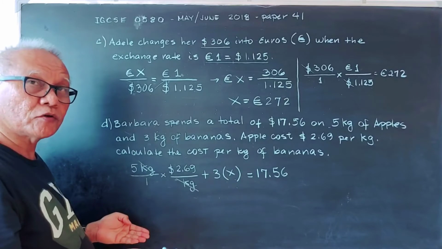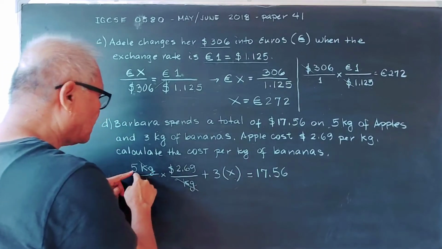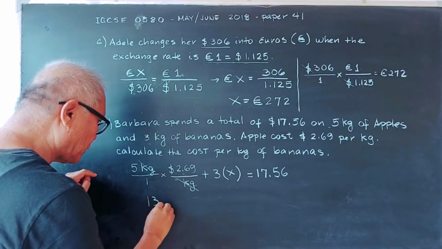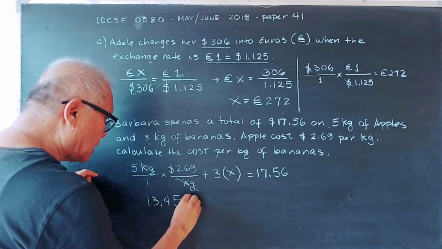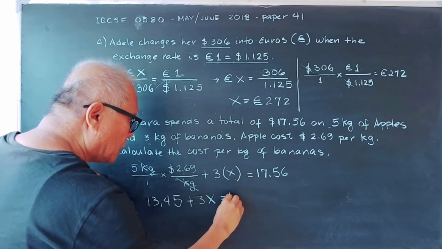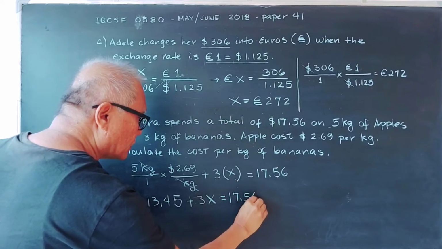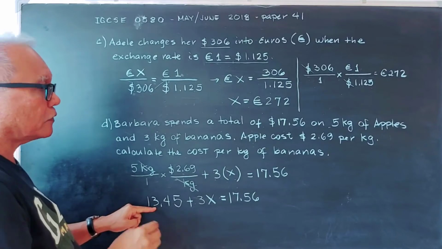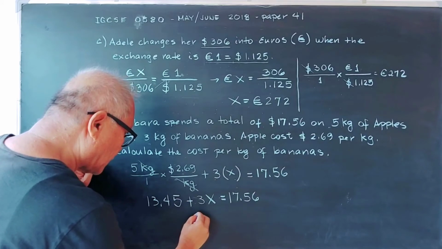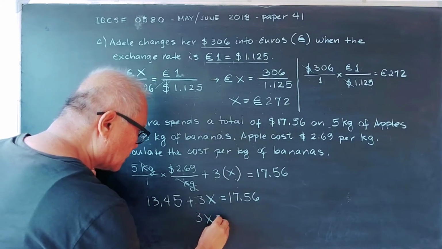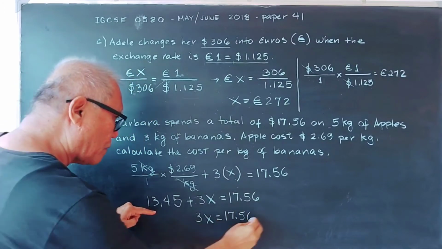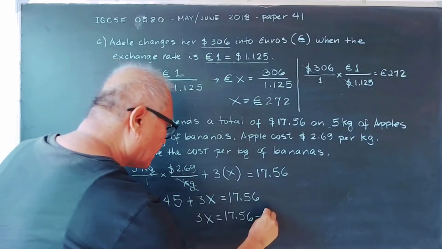So this is an equation. Now we solve 5 times 2.69. So this one is 13.45 plus 3 times x is 3x is equal to 17.56. So this one is a linear equation, so we solve for x. Transpose this one there. So we have 3x is equal to 17.56 minus the 13.45.